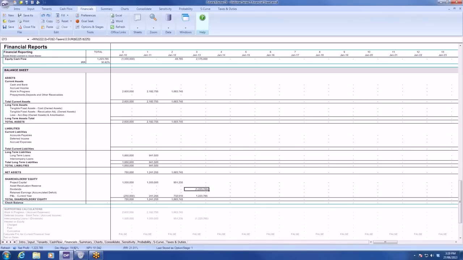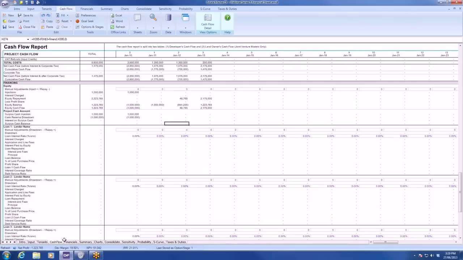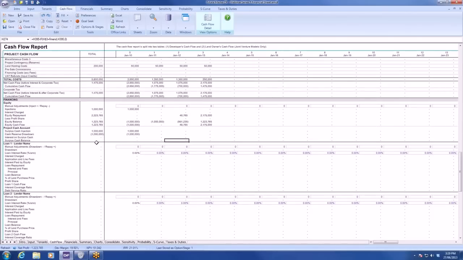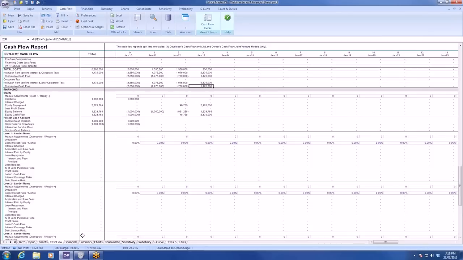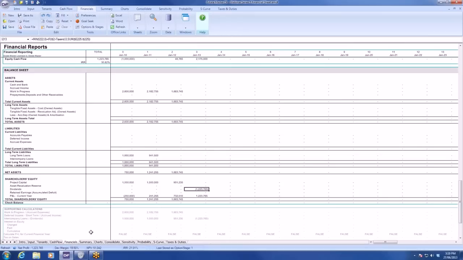So that didn't have an impact, and that's because if we go back to the cash flow and see the cumulative cash flow, you can see that we're negative, and they're not positive until we finally get into the final year. So if we had been at a positive cash flow, we could have had dividends come out earlier, but that's not the case.